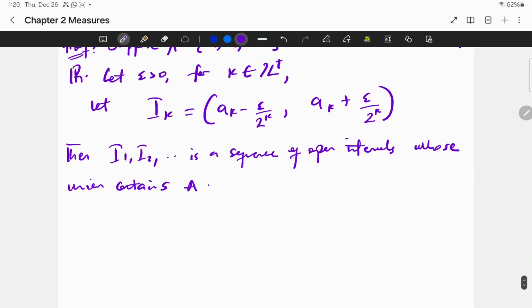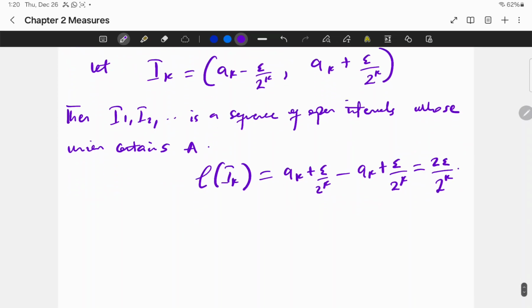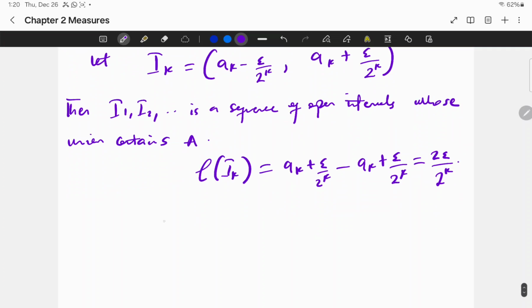So if you take the length of these, just like the previous one, ak plus epsilon over 2^k minus (ak minus epsilon over 2^k), you are going to have 2 epsilon over 2 raised to the power k, for each k.